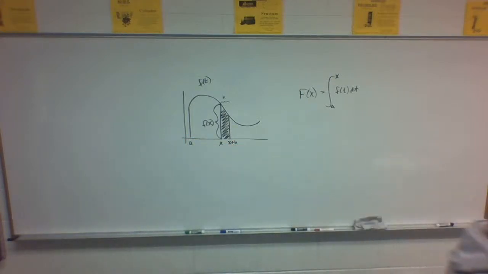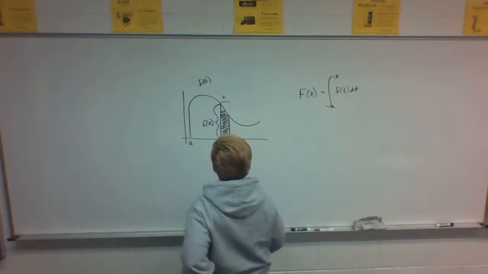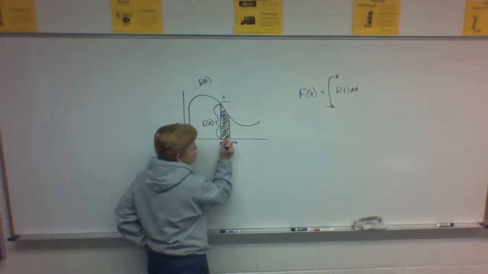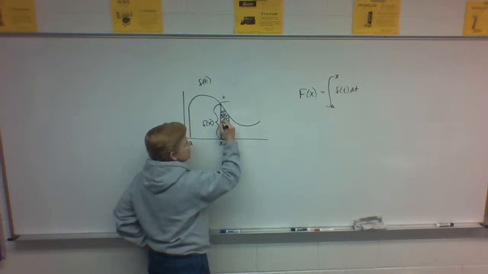Okay. All right. And we will call that F of x plus h minus F of x. Isn't the area of this, couldn't we also say that it is h, which is that distance right there, times little f of x?